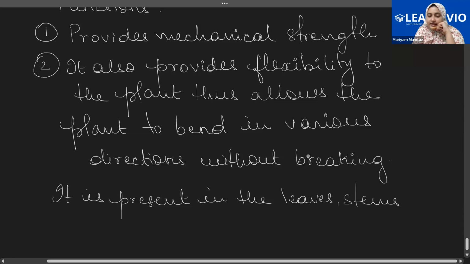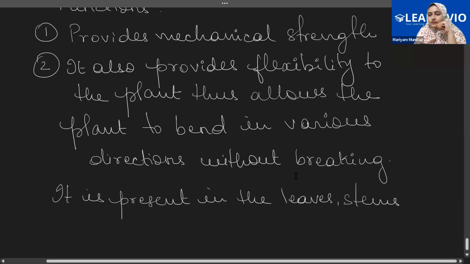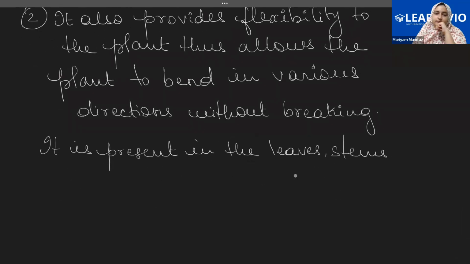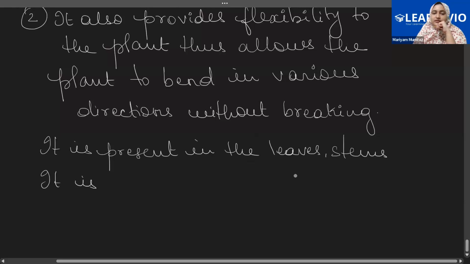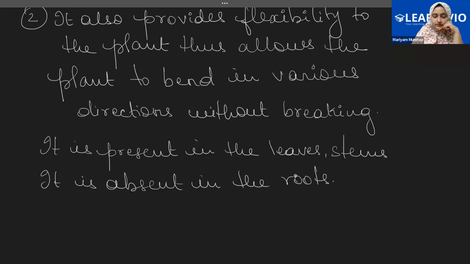In these particular areas the collenchyma is present, but it is absent in roots. Any doubts up until now? Does anyone have any questions related to this? No, no. Okay, all right.